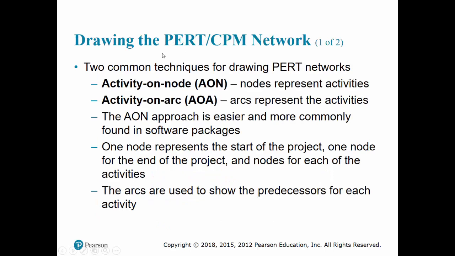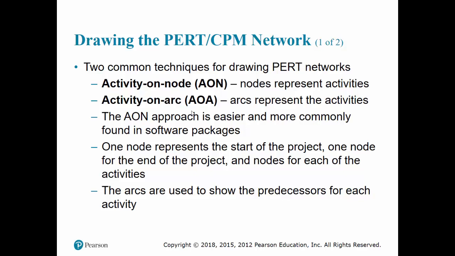Once we have the predecessors, we can lay out the activities into a network. As I described earlier, there are two different conventions that can be followed. Activity on node, which is what we will be using, is more straightforward and easy to use. Activity on arc doesn't give any specific advantage over activity on node, but it is a convention used in software packages.